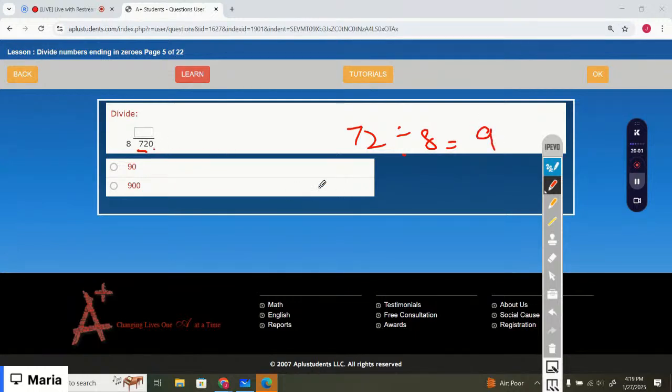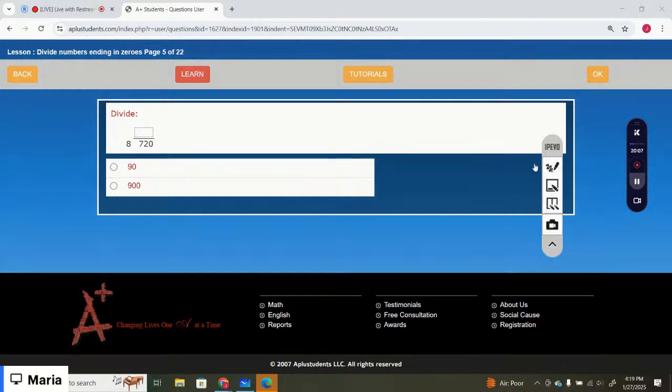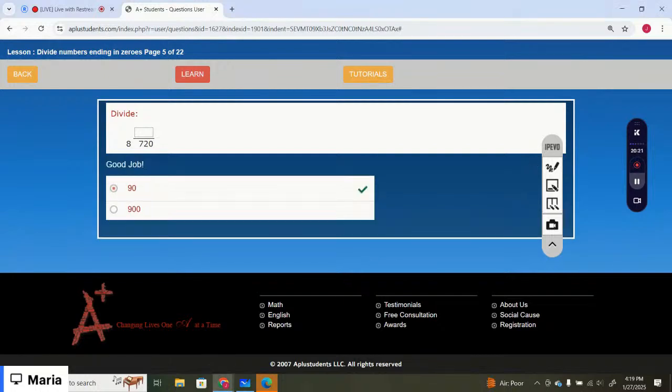Then you have to add the 0, so that is 90. Option number 1 is the correct option. The correct option is 90.